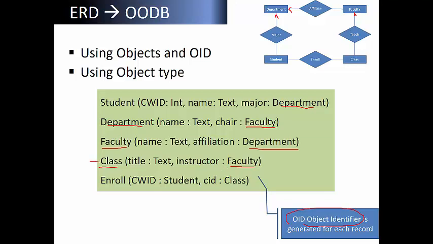So by accessing this class, if you want to see the faculty's affiliations, the department chair's affiliations, a supervisor, for example: who is the supervisor of the department where a particular class instructor is affiliated?